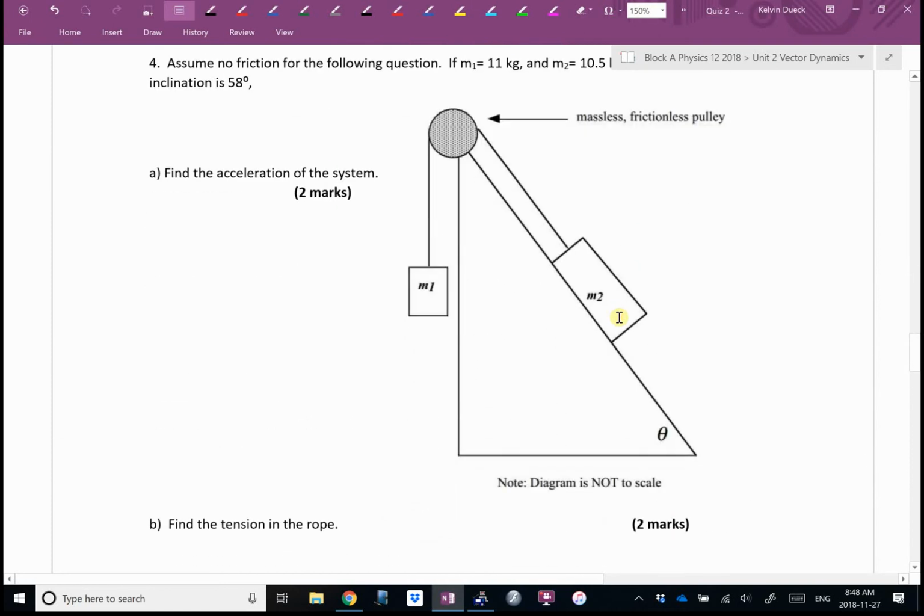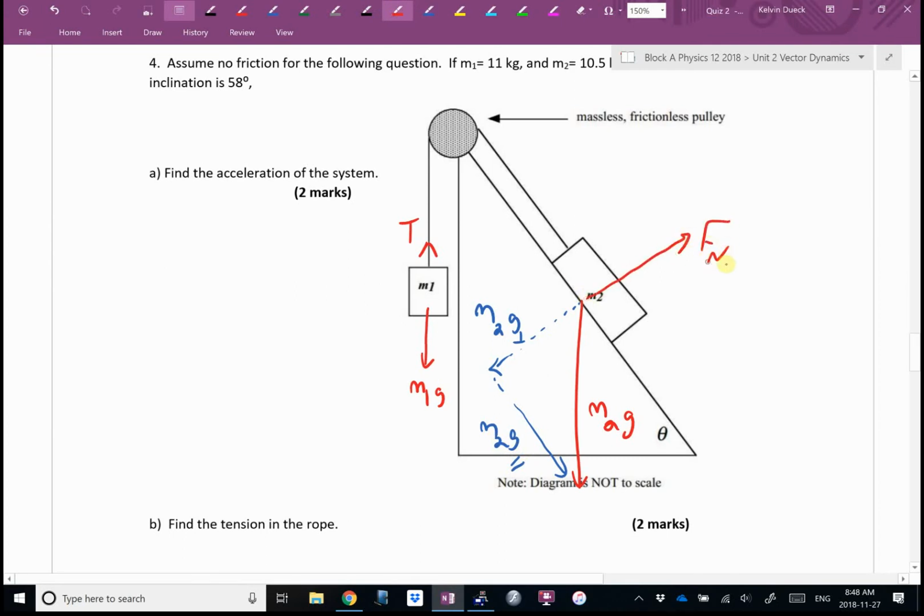Number 4, find the acceleration. This is a job for a free body diagram. M1G, tension, M2G, components, M2G perpendicular, M2G parallel. Normal force number 2 to go with mass number 2, tension.